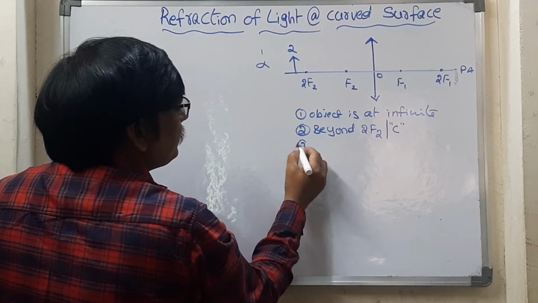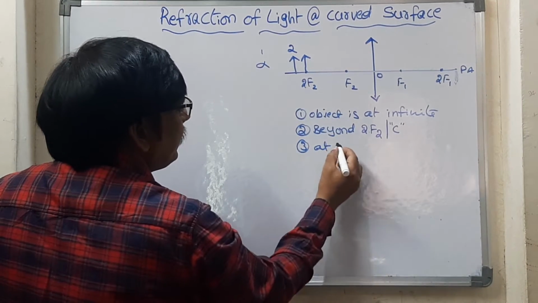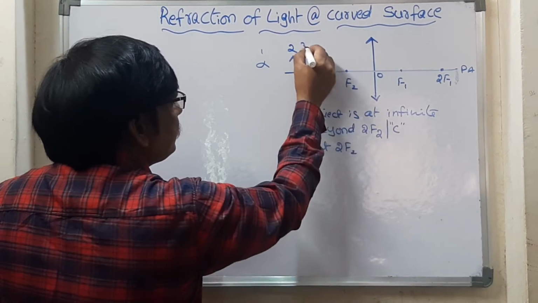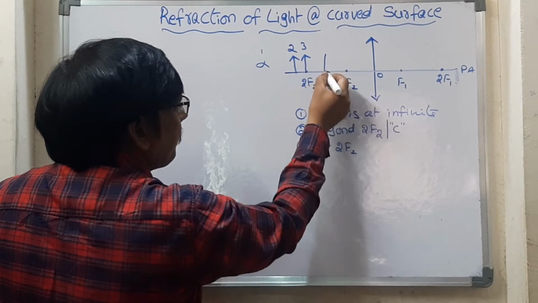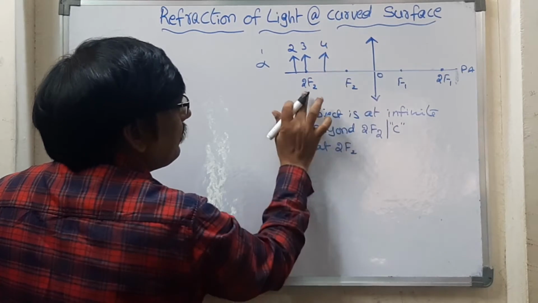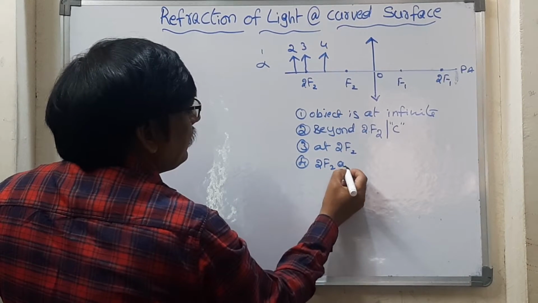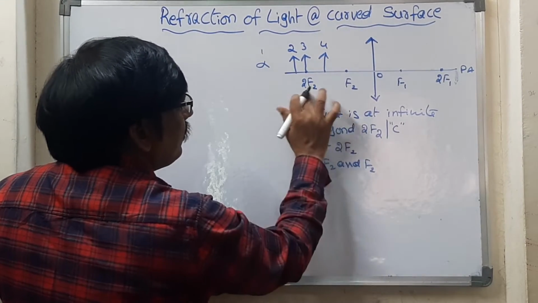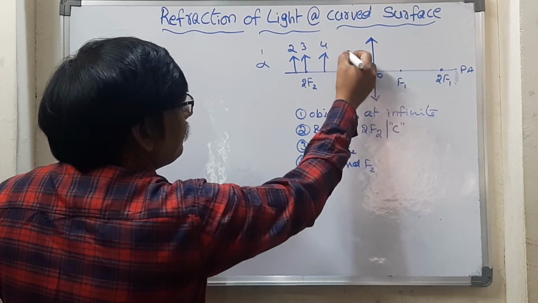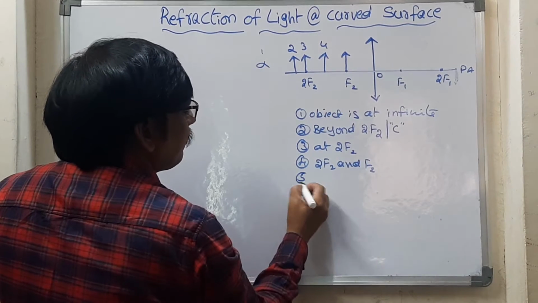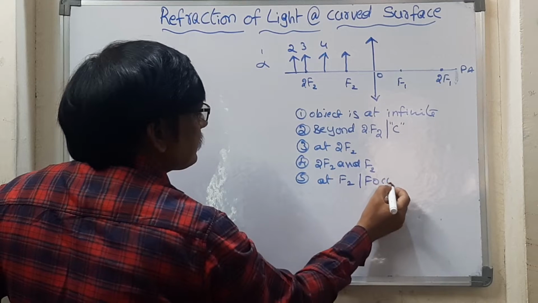What is the third situation? The object is placed at 2f2, this is the third situation. And what is the fourth situation? The object is placed between 2f2 and f2. Here is the object placed. And what is the next situation? The object is placed at f2, also we can say at the focus.